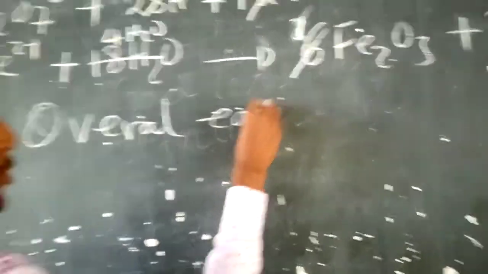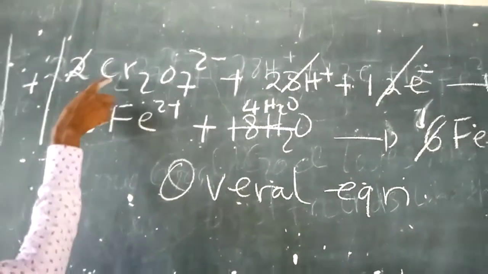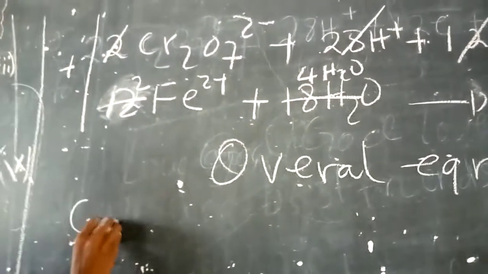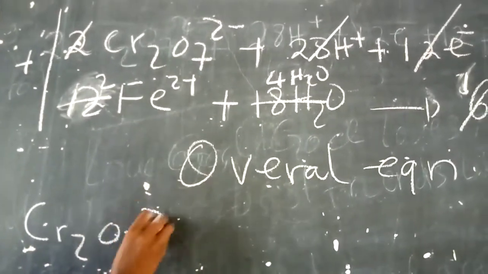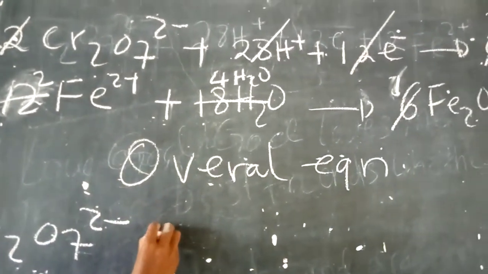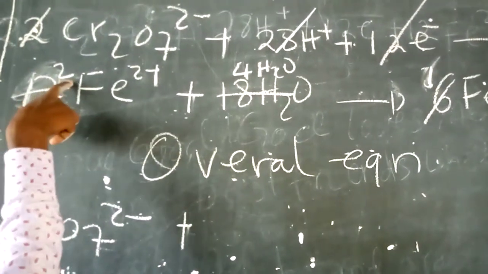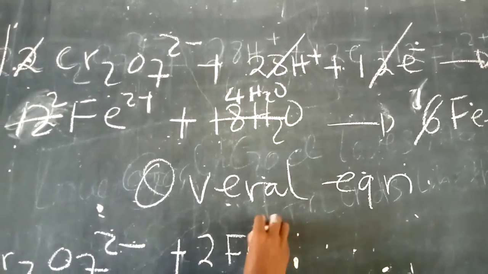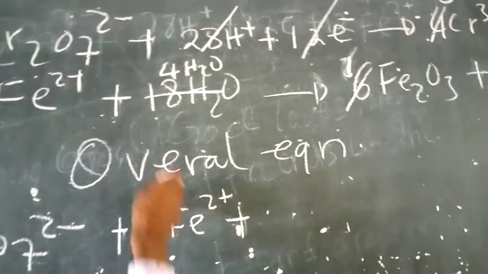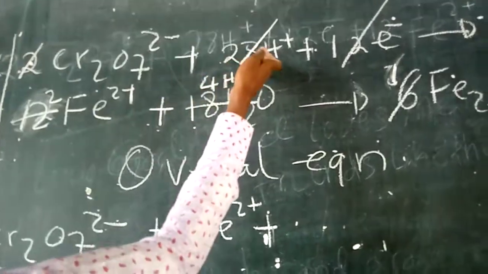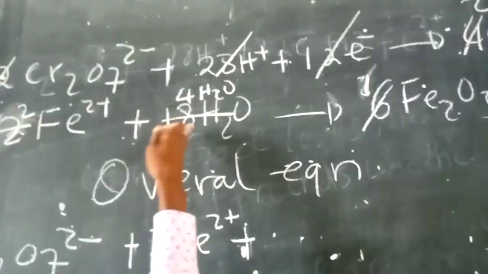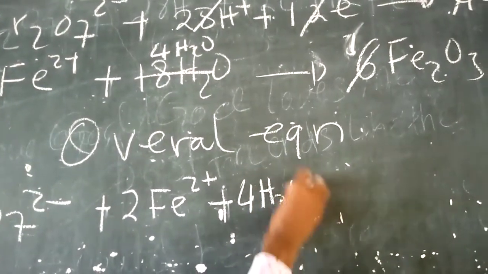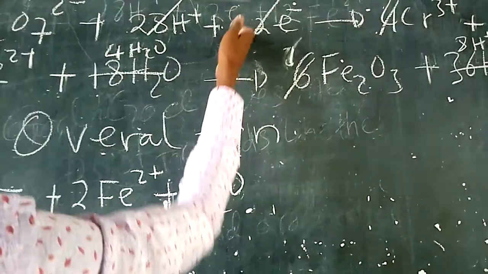Balance the equation. Here we have 1 chromium, so it will be Cr2O7 2 negative, plus 2 Fe2 positive. Here we don't have hydrogen protons now, and here we have 4 water molecules, plus 4 water molecules, with nothing else to add on the reactant side.